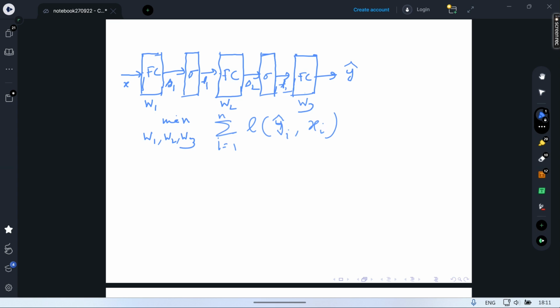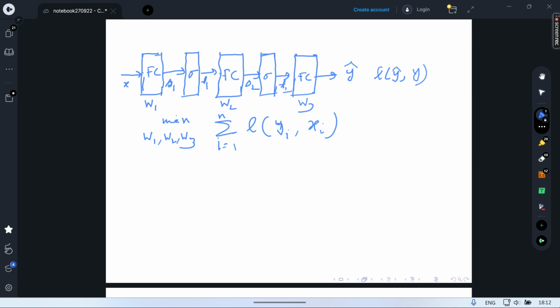Once we get the final output, we calculate the loss between this y hat, which is the predicted value, and the ground truth label, say y. It basically checks how close the predicted output y hat is to the original output y.